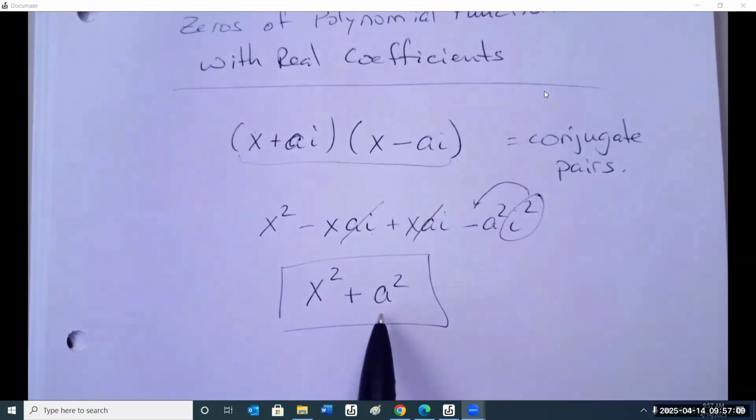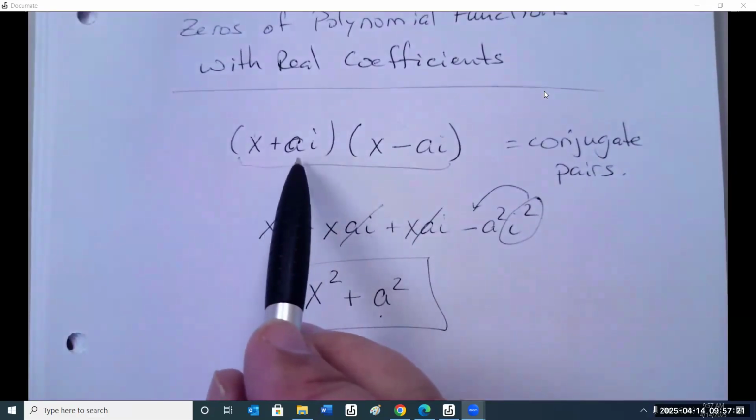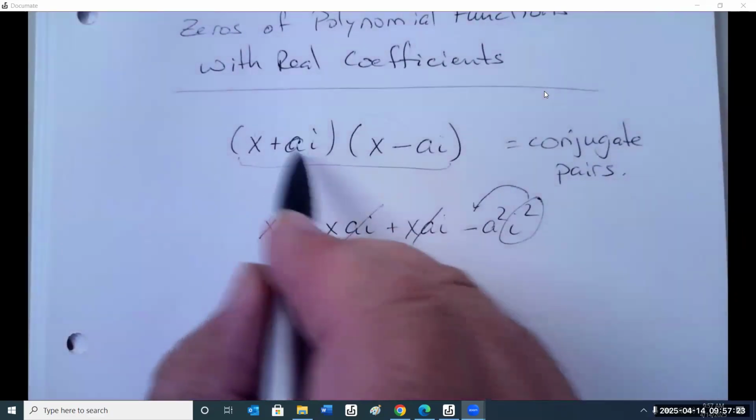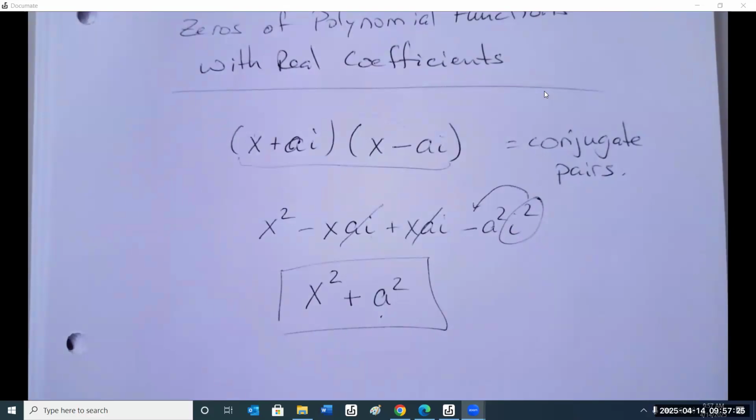So this gives us a real coefficient. x is a number, and I square a, which is a number. There's no imaginary numbers left in there. So whenever you have an answer that's imaginary, you have to have its conjugate pair with it. They always come in pairs.